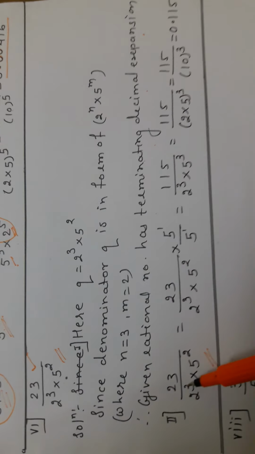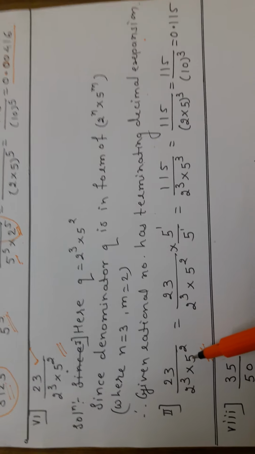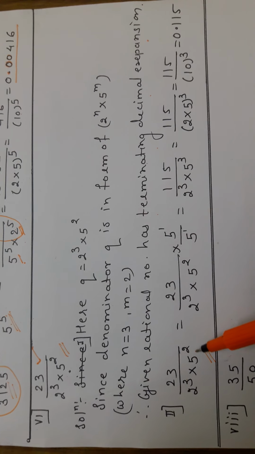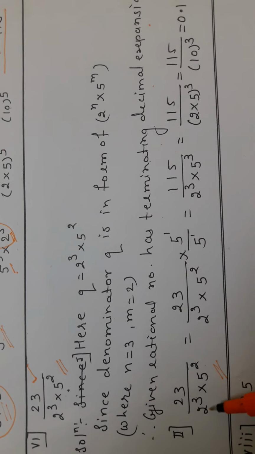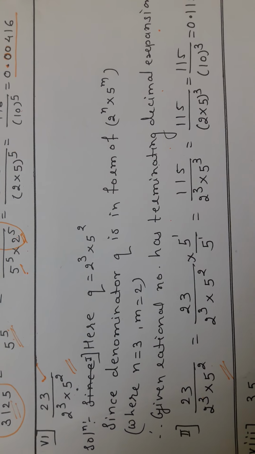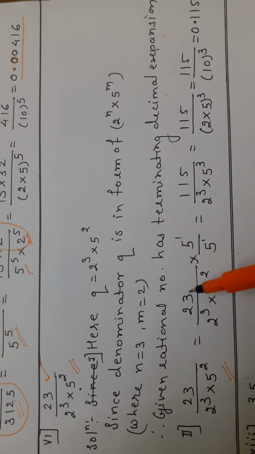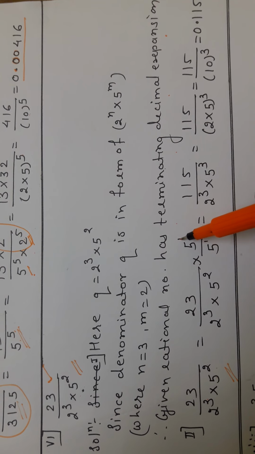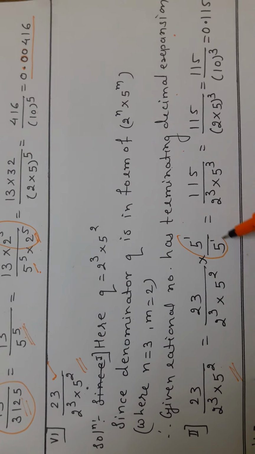Here 2 raised to the power 3 in the denominator, 5 raised to the power 2. We want 5 raised to the power 3 also, so the power of 2 and 5 is the same. So we want one more 5 as a term. So we will multiply the numerator by 5 and the denominator by 5.